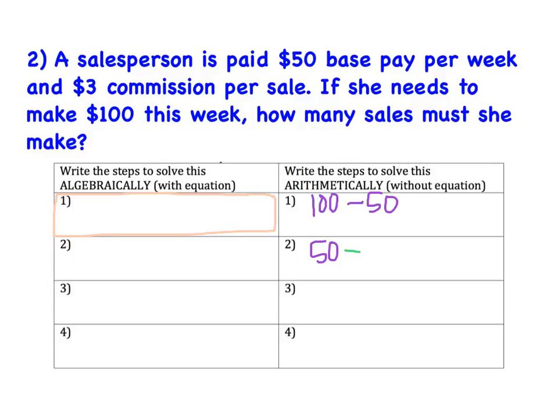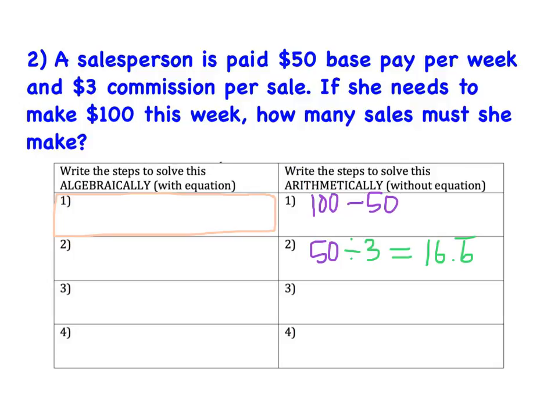So 50 total dollars divided by $3 per sale is going to give me 16.67, or 6 repeated. Okay, now, is it possible to make 16.66666666 sales?